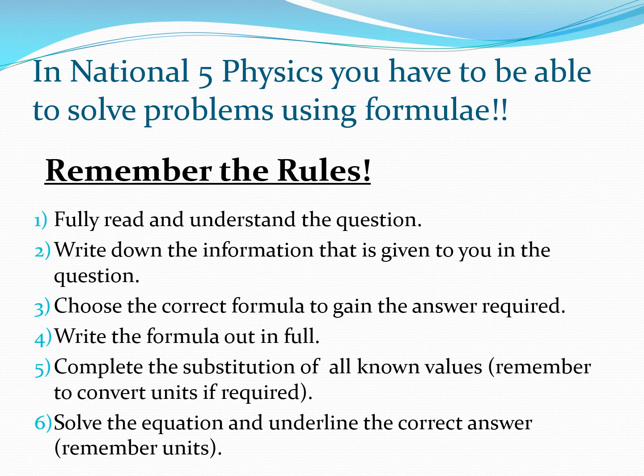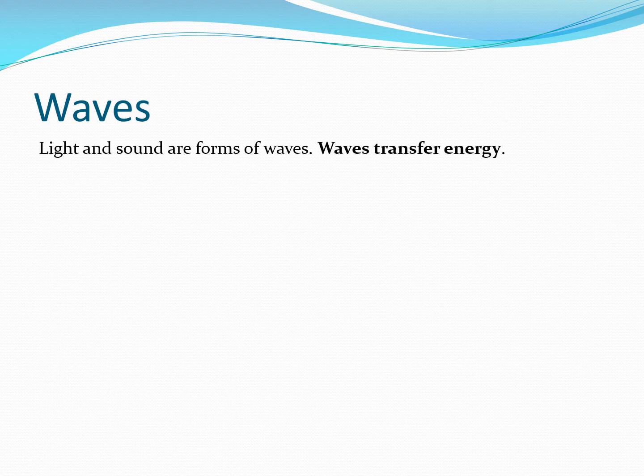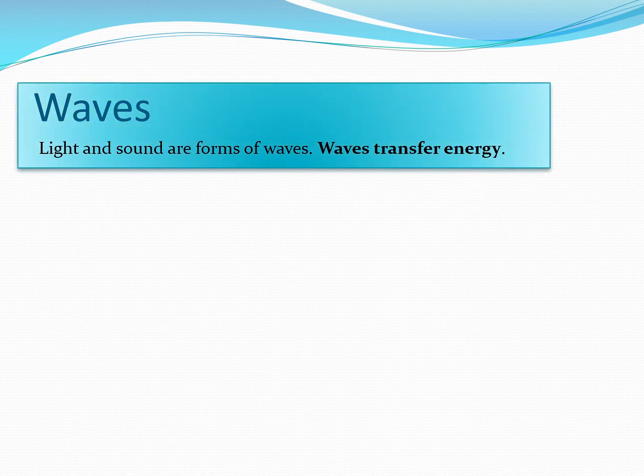Right, with that out of the way, let's start talking about waves. Let's have a wee think about what waves actually are. So, waves. Light and sound are forms of waves, but the key property that we have to remember when we're thinking of waves is that waves transfer energy.